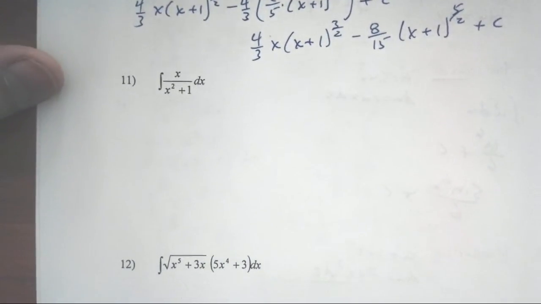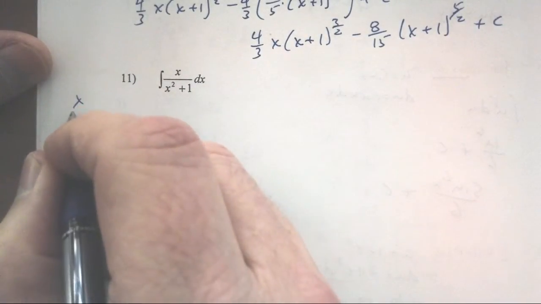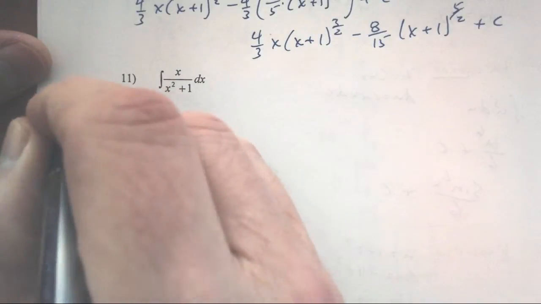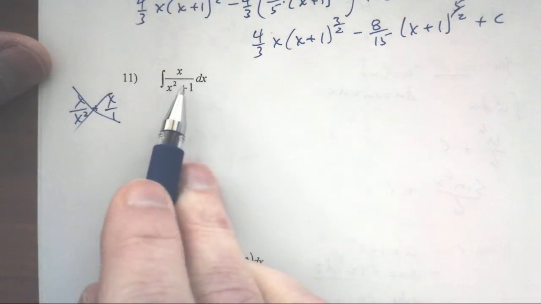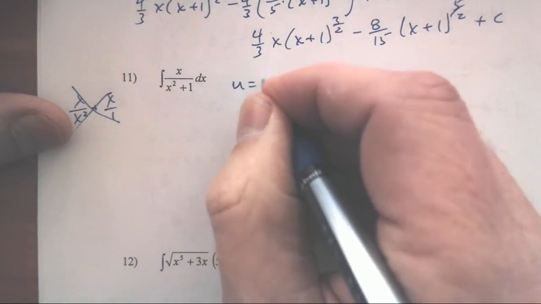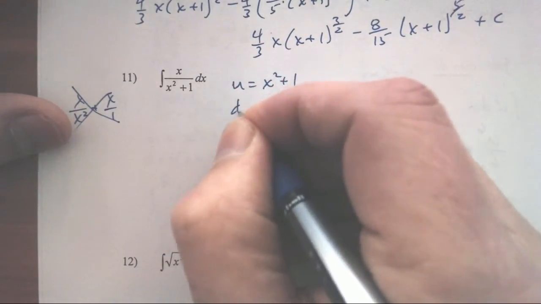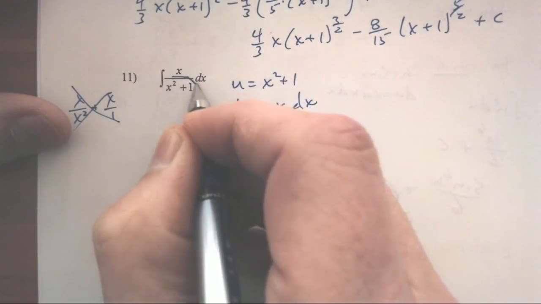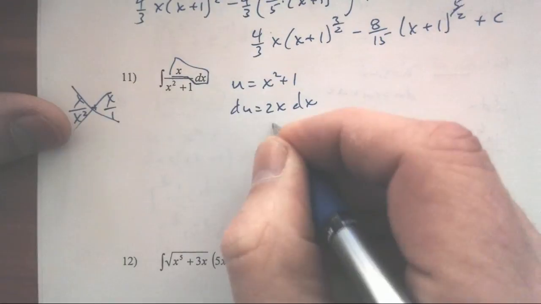Okay, number 11. I will see people from time to time try to split this into x on x squared plus x on 1. Of course, we cannot do that. If this was x squared plus 1 on x, we could split it. So I like u as x squared plus 1, du is 2x dx. What do I need? I just need an x dx, so maybe we want to do this step.